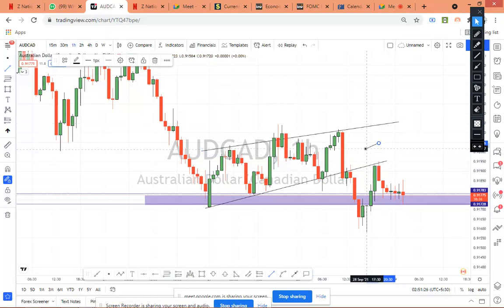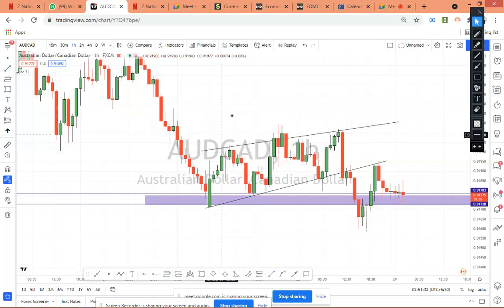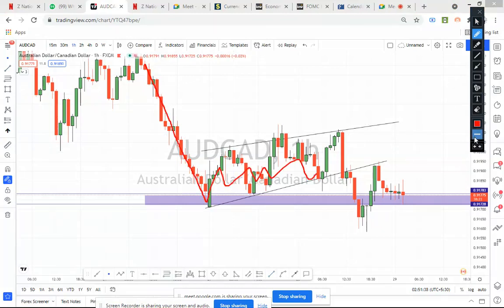This pattern is like a wedge pattern, a bearish continuation wedge pattern. We saw some strong selling pressure. The first time the market broke the level, it moved down a little bit, pulled back again, and now the market is still going down.